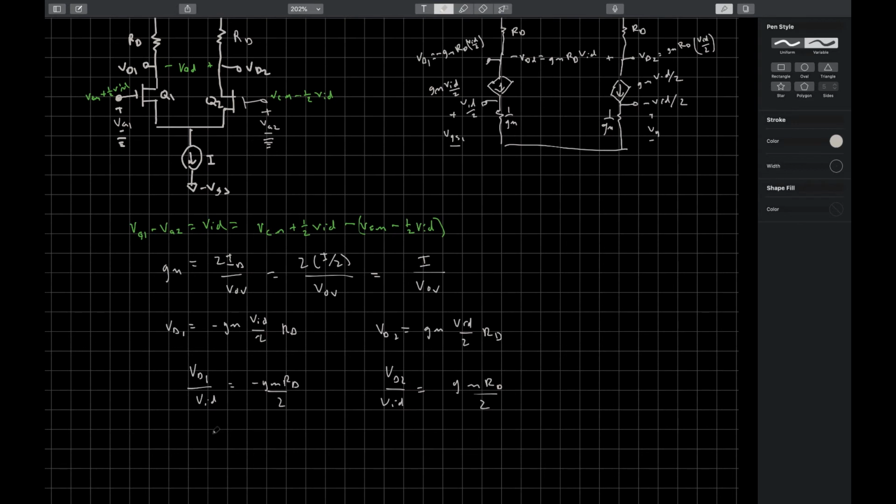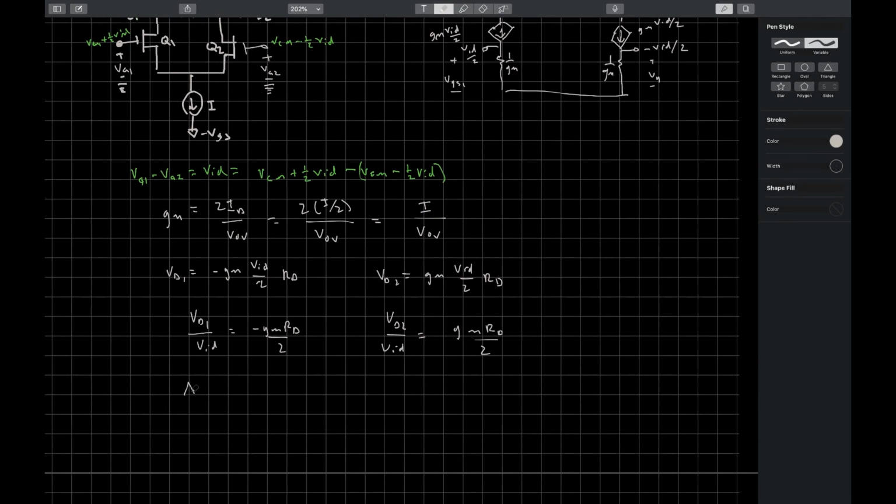And so the actual differential gain, A sub D, is VOD, output differential, over VID, input differential, which is equal to VD2 minus VD1 over VID, which is equal to GM times RD. So that's my differential gain for this system.